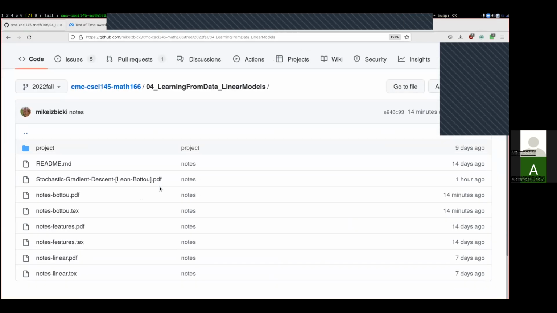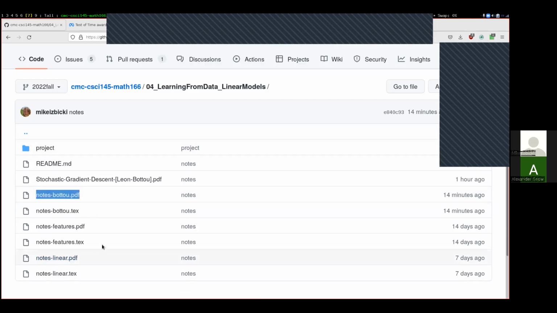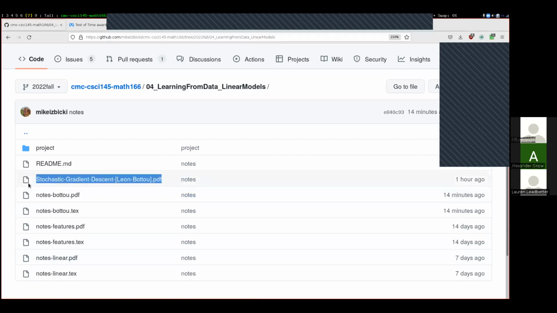And if you want the electronic versions, you can find them under the 04 folder. The notes-dash-bottou file is a notes file, and then there's this file right here, which is going to act as sort of a textbook for us.